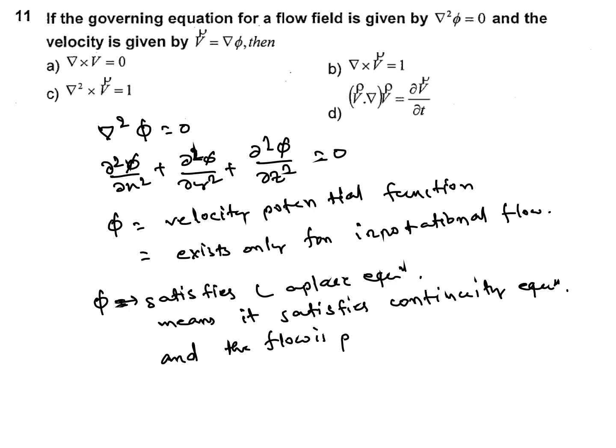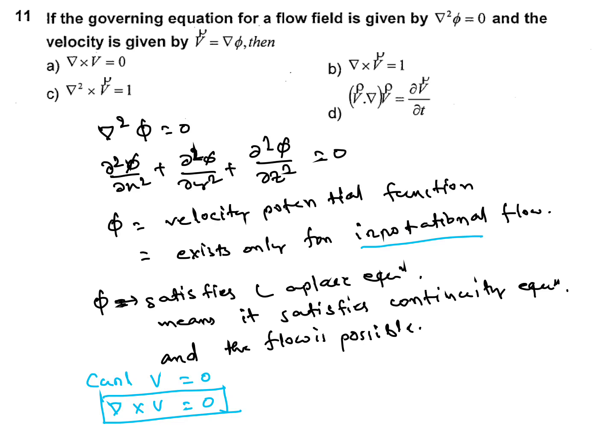And one more thing was already discussed. For irrotational flow, curl of V equal to 0 or del cross V equal to 0. So the velocity potential function exists means the flow is irrotational. So option A is our answer.